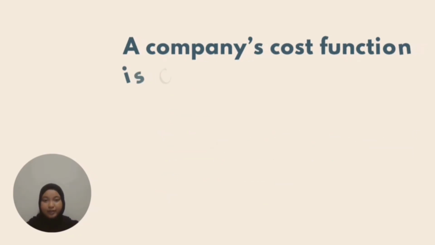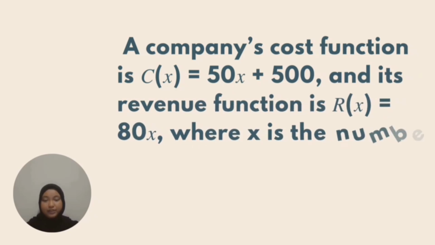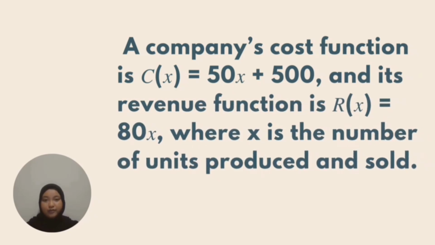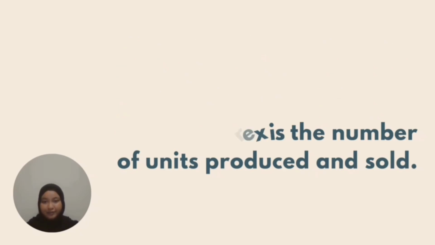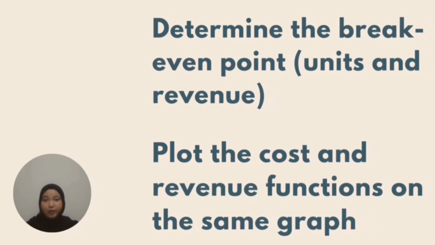The question that is already given is a company's cost function equals 50x plus 500 and its revenue function equals 80x, where x is the number of units produced and sold. So we need to determine the break-even point, which is units and revenue. And we also plot the cost and revenue function on the same graph.